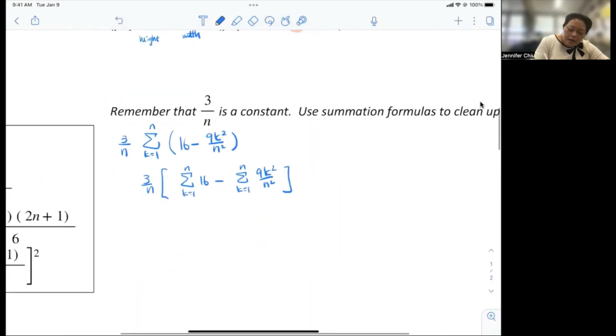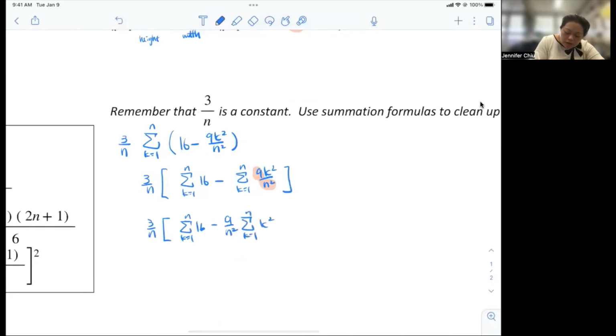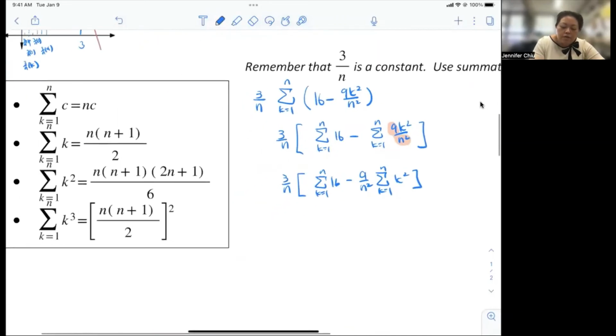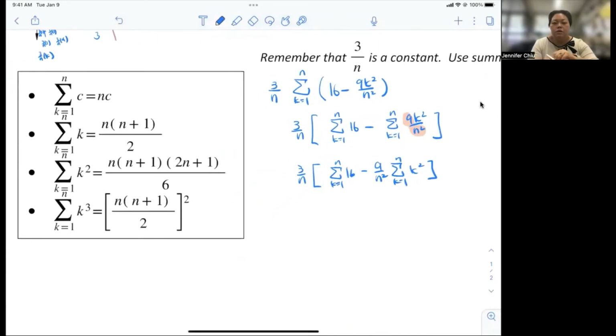Okay, and then if you recall, your 9 over n squared, that's still a constant, that's a coefficient. So I'm going to pull it outside. 9 over n squared, summation of k equals 1, k squared. Okay, so this is where it comes in. Your formula to the left-hand side here gives you all the summation equations here. So if you have a constant, it becomes n times that constant, right?